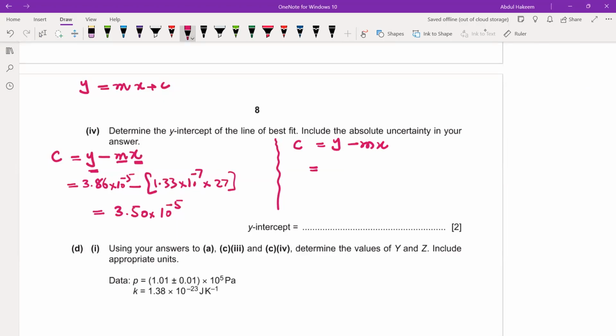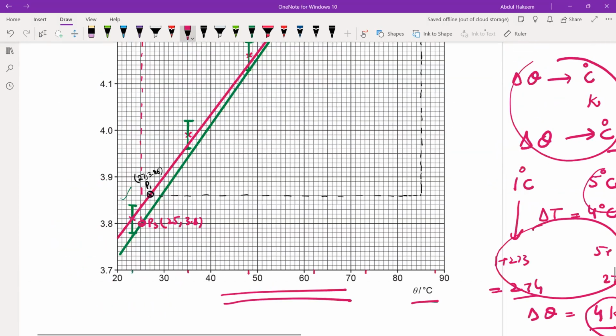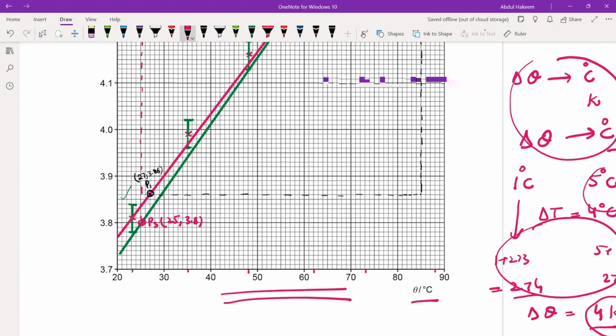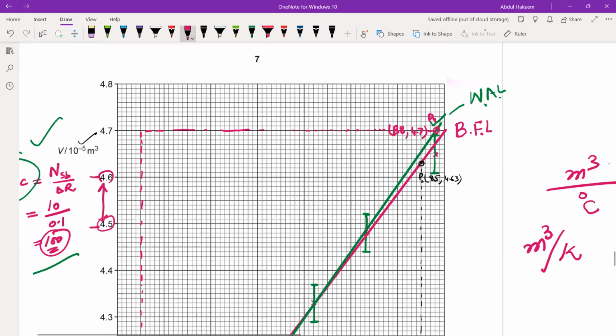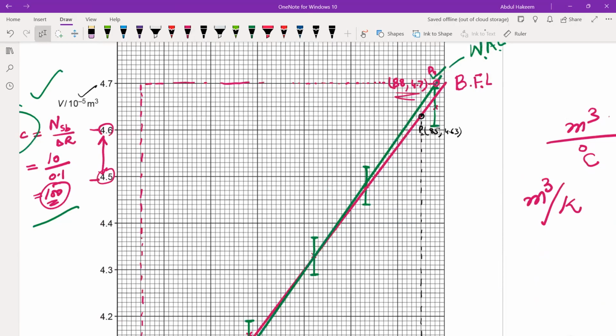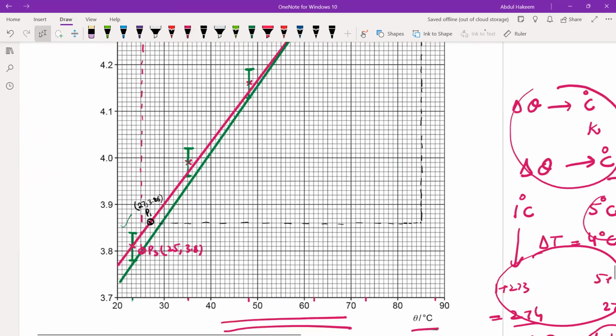So any point of the worst fit, either P3 or P4, suppose we take P4. Its y coordinate is 4.7 and the x is 88.